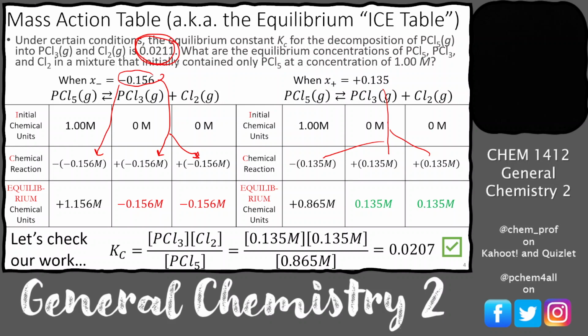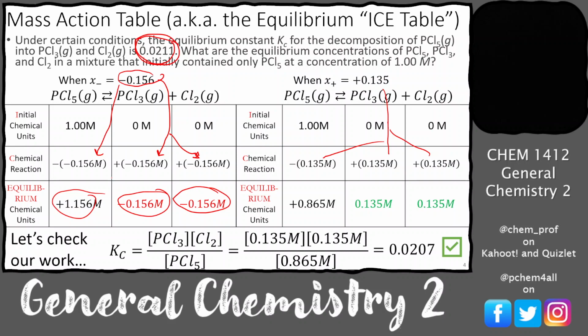Yes? So we're trying to go back to the number that we originally were given. Yeah, so we're just checking our work. We did the table calculation, and we're putting those numbers in there. The crazy thing is, if we were to take this number and square it, these two times each other, and divide by that number, we would also get 0.0211, right?